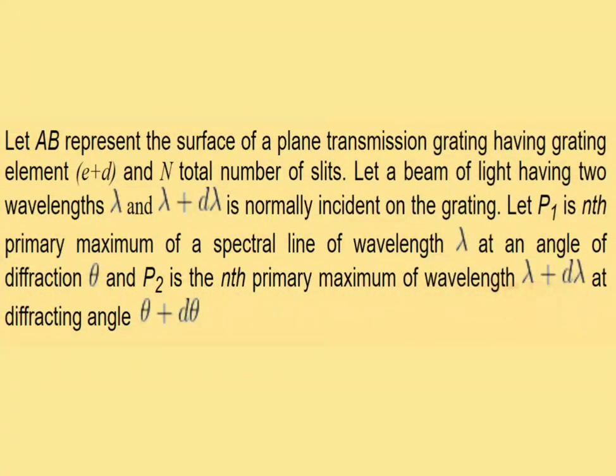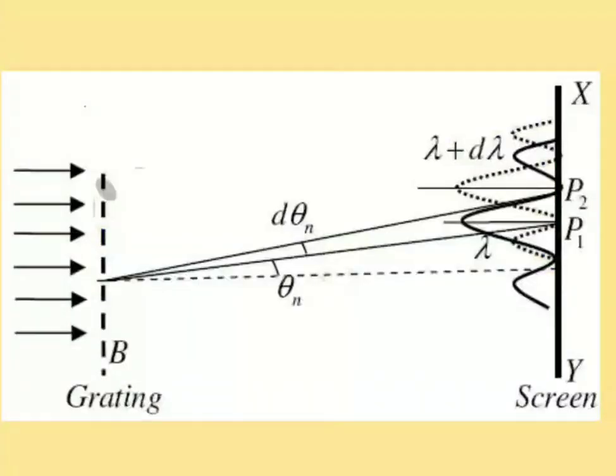P2 represents the principal maxima of wavelength lambda plus d lambda at a diffraction angle theta plus d theta. So P2 position is here, and the total angle is theta plus d theta.